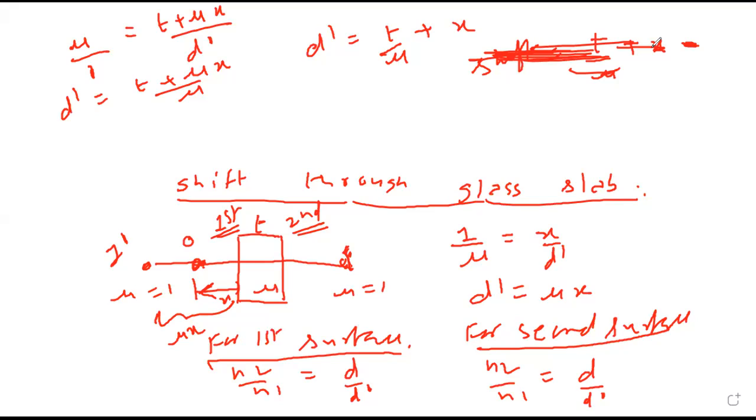So first you got mu x and second you got t upon mu plus x. Then we are interested in shift. Shift means initial minus final.